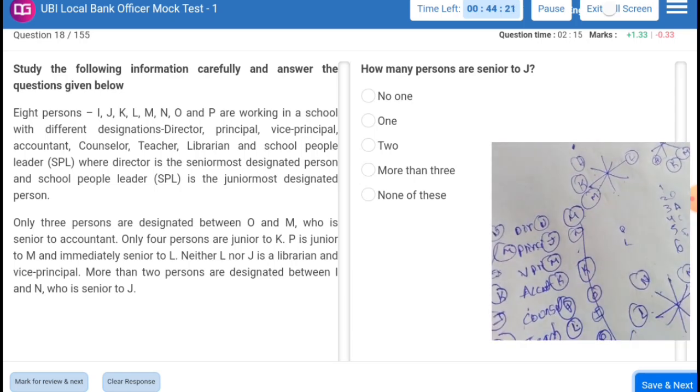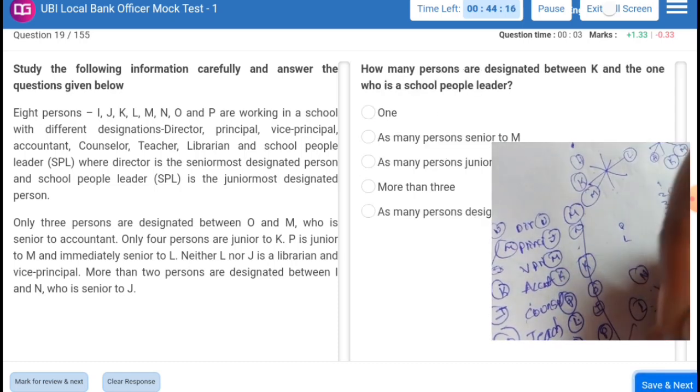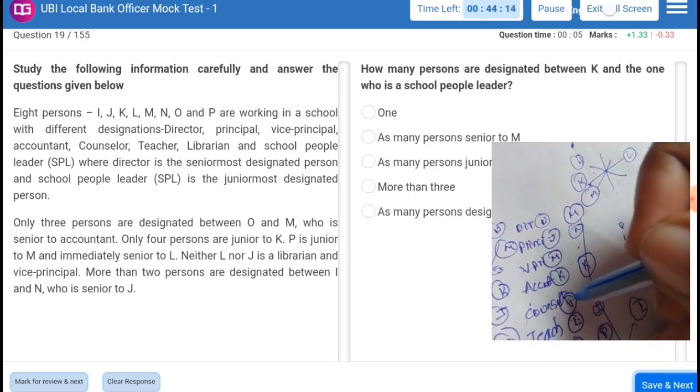So how many persons senior to J is 1. Designated between the K and the school principal, 3.